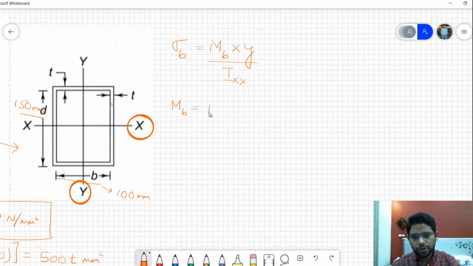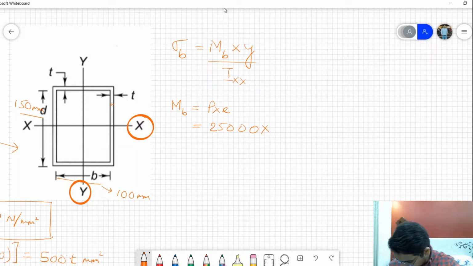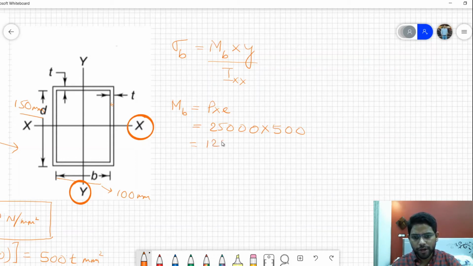It is equal to the load multiplied by the eccentricity. Load as given in the question is 25,000, and your eccentricity is 500. So your bending moment is equal to 125 followed by 5 zeros. So this is the value of your bending moment, and the unit is Newton mm.